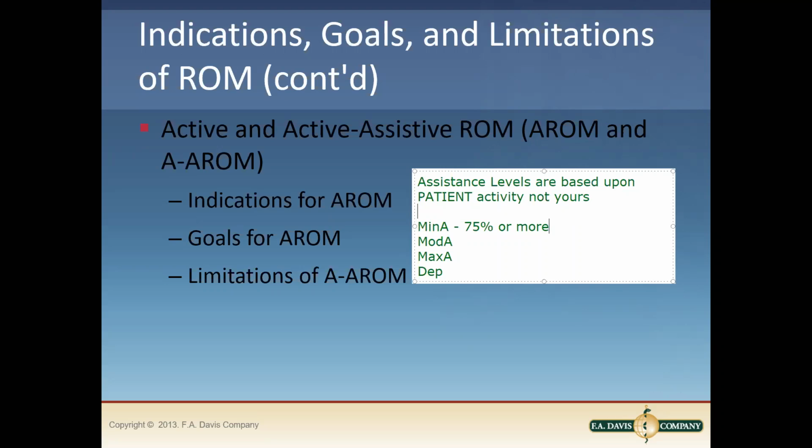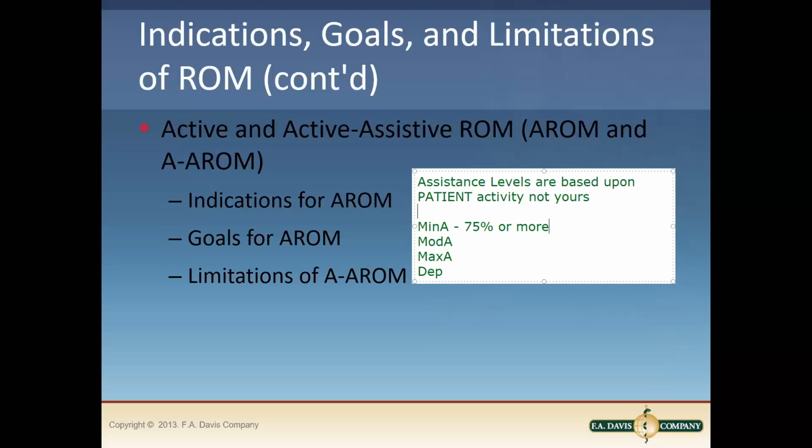This is an important thing for your board questions. This is where it gets tricky, because you need to read your board question very thoroughly when they're asking you questions about assistance levels. If you get a question about assistance levels on your boards or on my tests, the first thing I want you to do is stop and scribble down whether it's from your perspective or the patient's perspective.